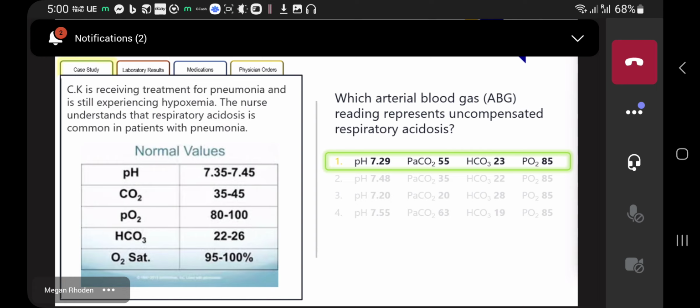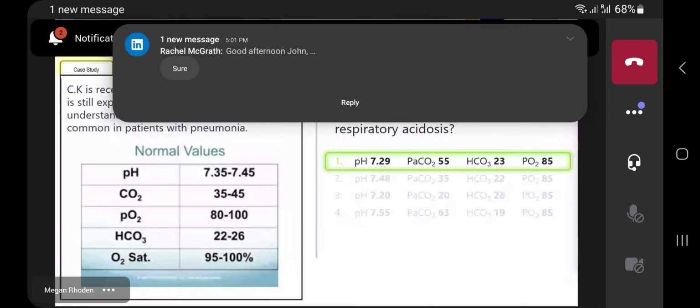The lower 7.29 and 7.2 are less than 7.35, which represents acidosis. When we're looking at CO2, the reference range is 35 to 45. Between number one and three, number one has an elevated PaCO2 and number three has a PaCO2 below the expected value of 35 to 45.